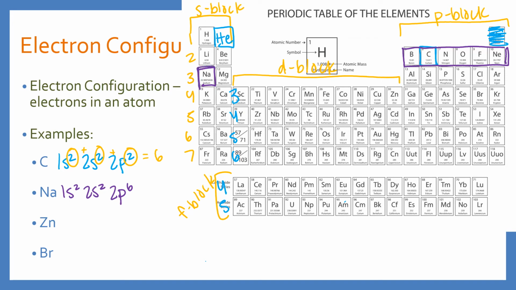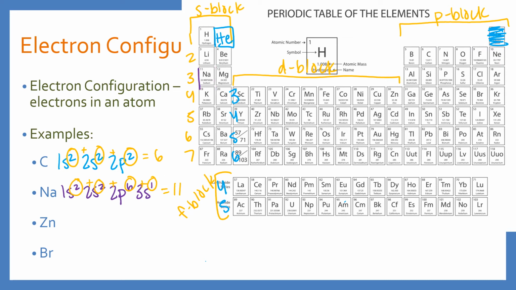And then we have 3s, but there's only 1 electron that lives there. So 3s1. Now remember, if we add up 2 plus 2 plus 6 plus 1, that should equal 11, which is our atomic number for sodium.